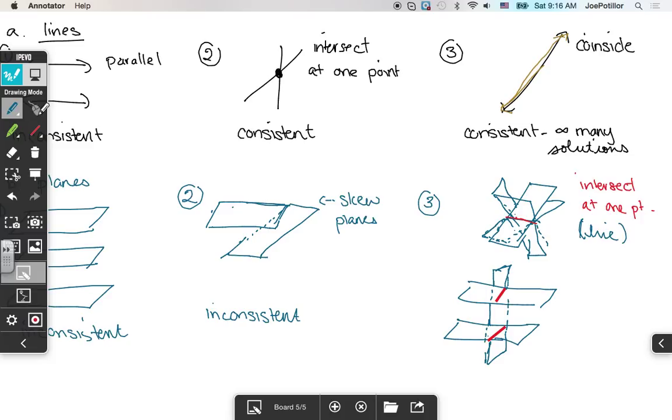So this situation you intersect at 2 points. And of course they can intersect at 3 lines, and this will be consistent.